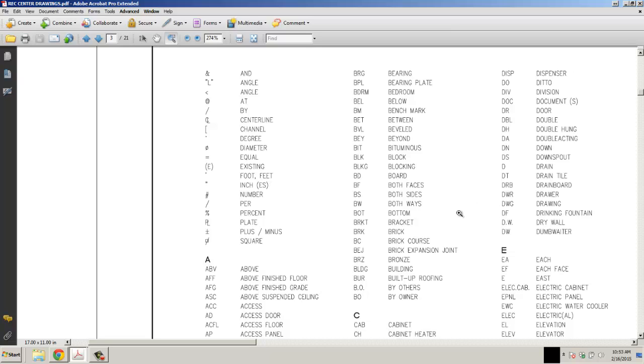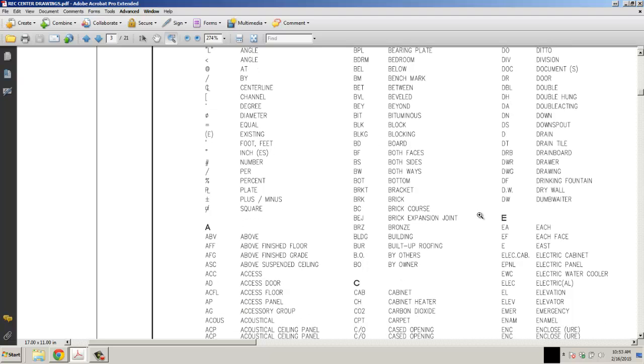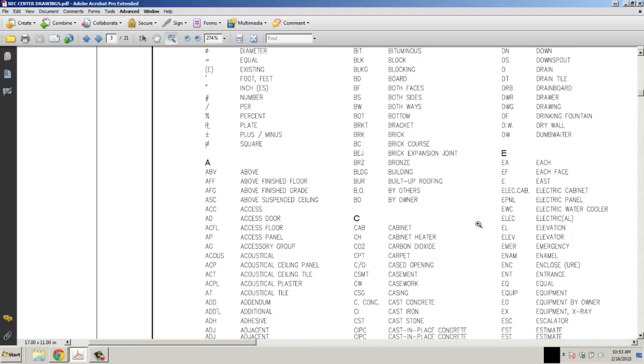No matter what drawing you're looking at, if it says BET, it just means between. So all of the initials on our drawings can be referred back to this second page within the cover sheet, so we can determine EWC is a good one. I always wonder when I look at the drawings, EWC, it's an electric water cooler, so a drinking fountain would be listed as an EWC.